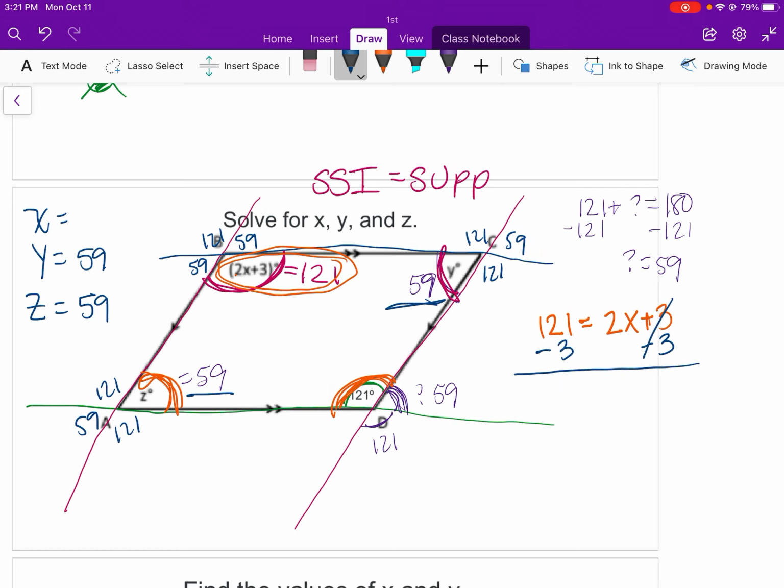These two 3's cancel, and I'm left with 2x equals 121 minus 3, and I get 118. Now I divide by 2 on both sides, and I get 59 equals x.